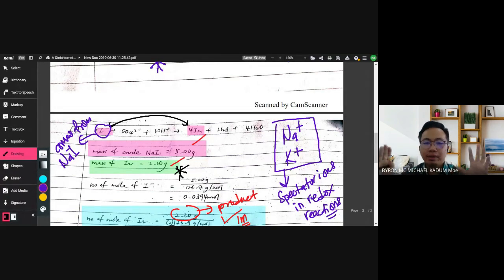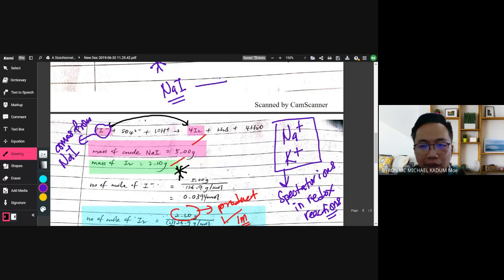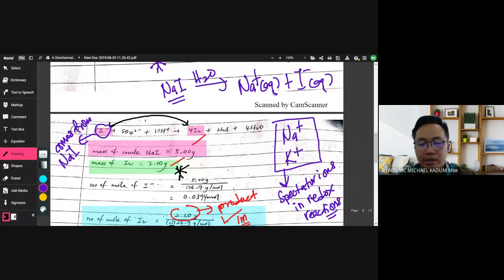Dia cuma asal dia datang sekali dengan NaI itu. Pada asalnya dia sekali datang macam begini. Tapi bila sudah dilarutkan dalam air, okey, dia jadilah Na plus aqueous tambah I minus aqueous. Cumanya yang ini tidak perlu diambil kisah sebab dia adalah spectator ions. Jadi kita cuma mau ambil yang ini saja. Ini yang terlibat dalam the reaction.